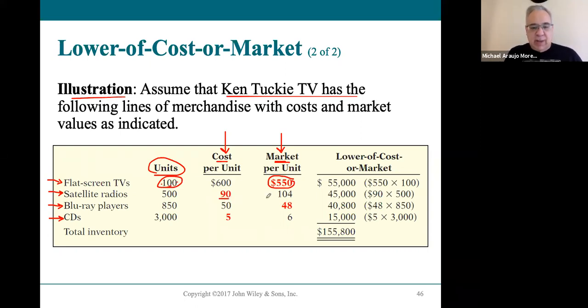And you would simply do that with all of your inventory, compare the cost, what you actually paid for it when you bought it, compared to what you could replace it for today if you bought it again today, and you pick the lower of the two numbers. That's it. So the inventory for Kentucky TV in this case would be $155,800. Okay, using that lower of cost or market basis.